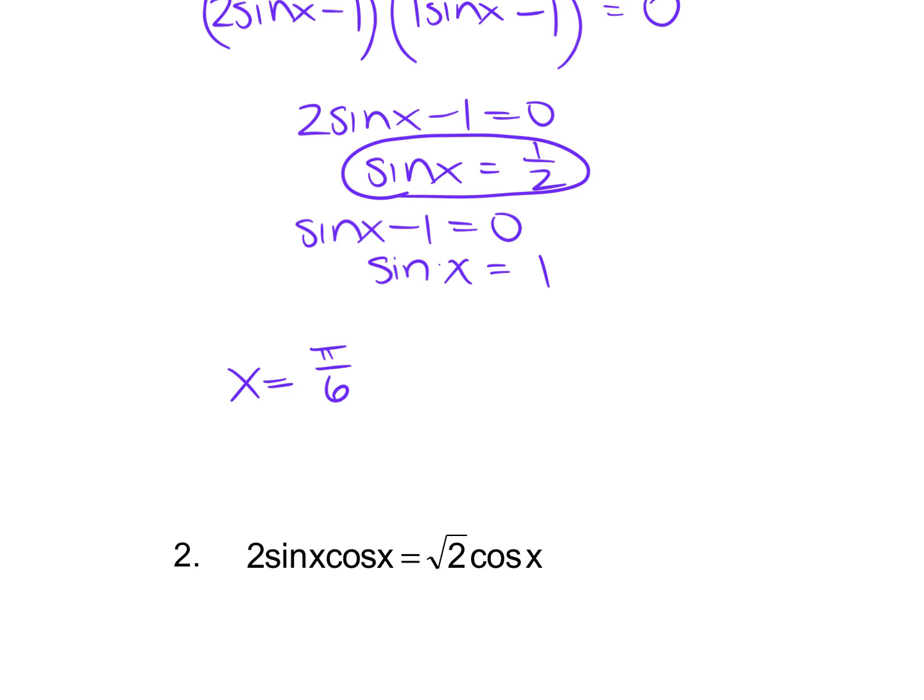Okay, so what's the pi over 6 angle in quadrant 2? 5 pi over 6, yes. So that's my second answer for where sine is 1/2. Okay. Is that all I should expect out of sine equaling 1/2? Yes, because there's no plus or minus. I don't need the places where it's negative 1/2, right?